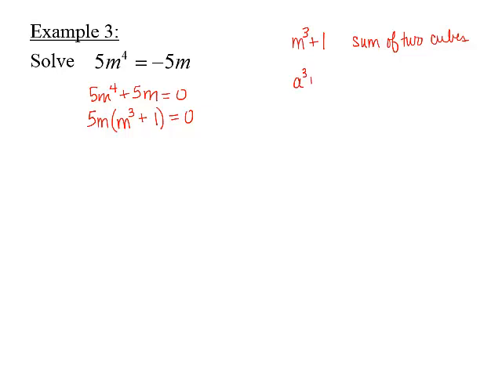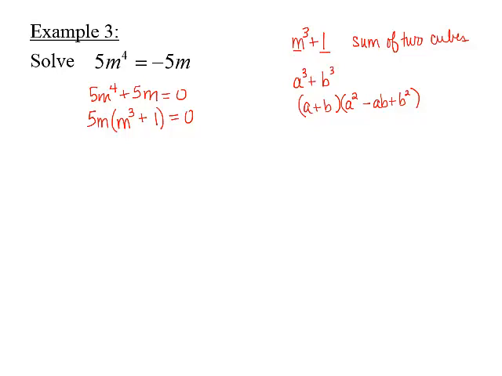If we have a cubed plus b cubed, to factor this it is a plus b times a squared minus ab plus b squared. So the binomial factor comes from what do we have to cube to get the terms in the original binomial.